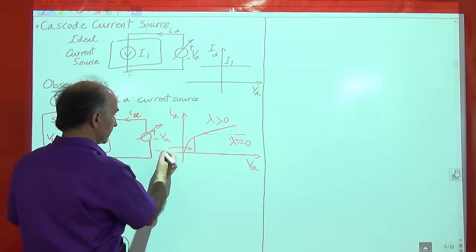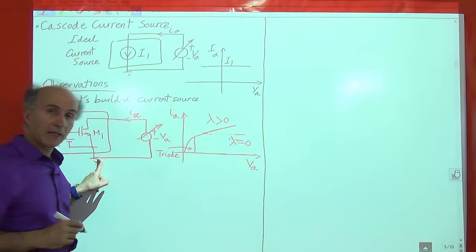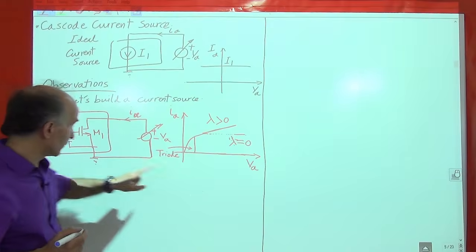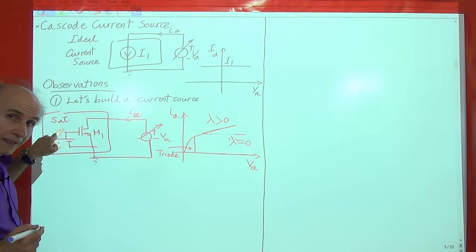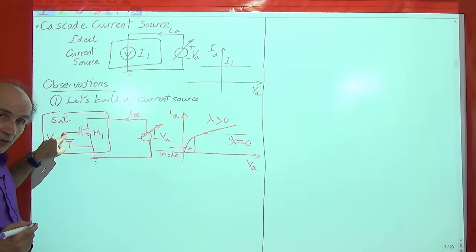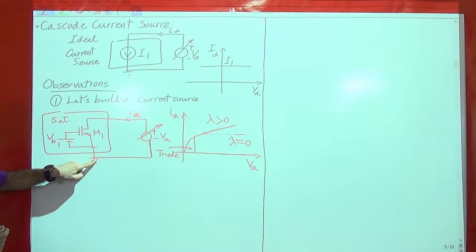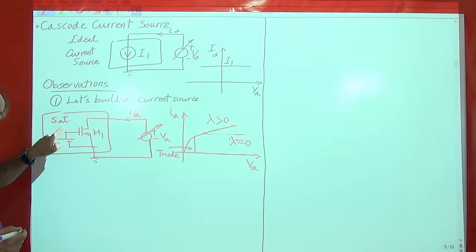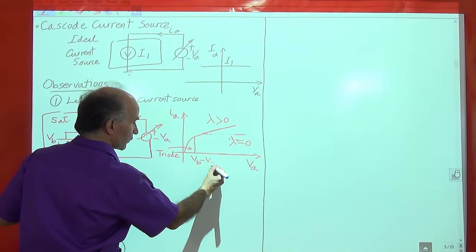So this is the triode region, and the MOSFET is no longer acting as a current source. And we know at what voltage that happens. We know that if the drain voltage drops below the gate voltage by one threshold, we are at the edge of saturation and triode region. So if this gate is called VB with respect to ground, then the drain has to be VTH below VB. So this would be VB minus VTH.